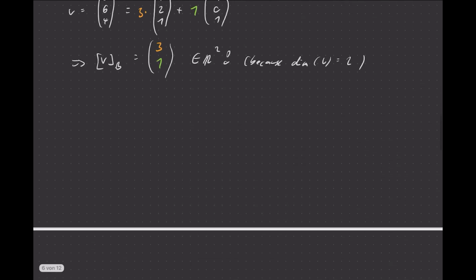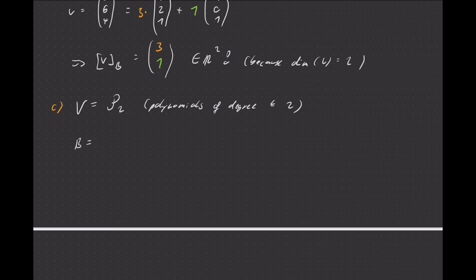Finally, let's have a look at an abstract example as well. It might even be easier to understand in that case. Let's say we take the space P2 of polynomials of degree at most 2. And of course, we can also use a basis for that space here.